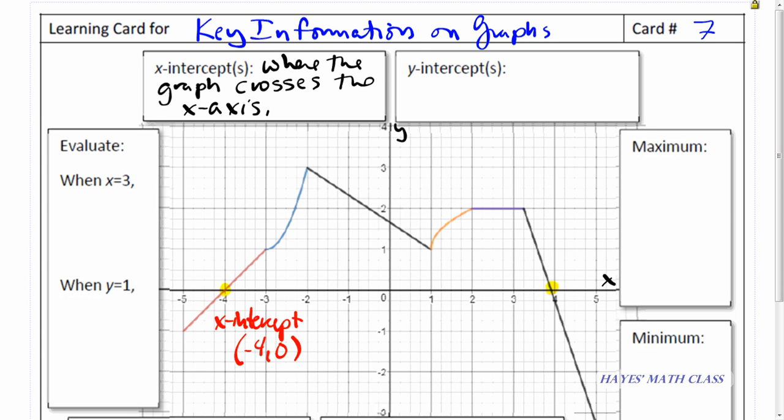Some teachers, at least from the students coming into my class, have always said, oh, just -4 is fine. And like this one over here, we're going to have to estimate this. My apologies, I didn't plan out this one as well as I probably should have. We have an x-intercept at, let's call that about 3.9, 3.8.